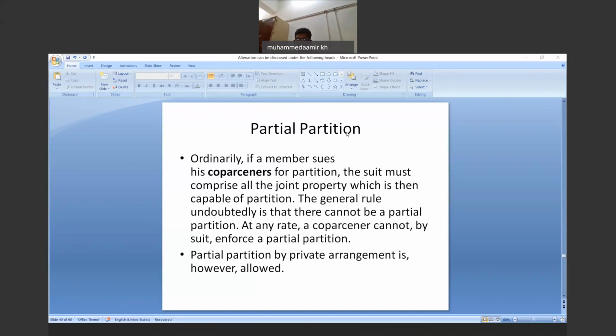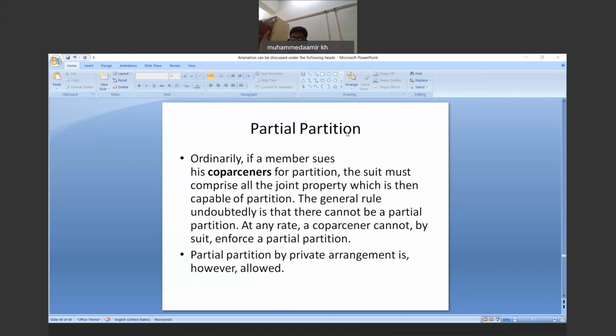When I say partition could be partial, it means that in relation to its members, some of the members go out in the partition and other members continue to be members of the family. It may also be partial in relation to the properties, where some of the properties are divided among the members of the Hindu undivided family.